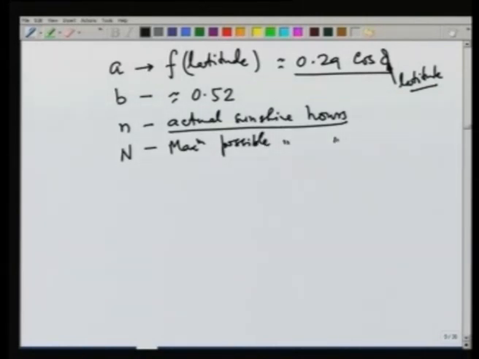So, n is number of sunshine hours actually occurring at that time, and N is maximum possible for that period number of sunshine hours.